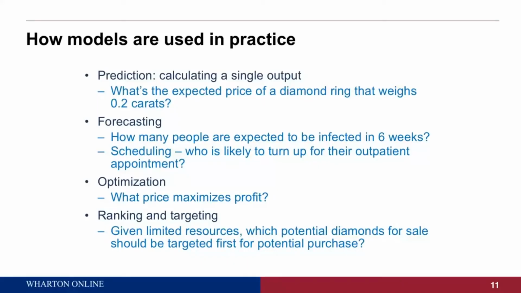Another activity that we go through, and models help us, are ranking and targeting. And so what I mean there is that we're often looking at a list. It might be customers, or it might be diamonds, for example, and we'd like to have a look at these diamonds perhaps and figure out which ones would be interested in purchasing, if we're a diamond merchant. And so I can't look at all the diamonds that are out there in the world because I simply don't have the resources.